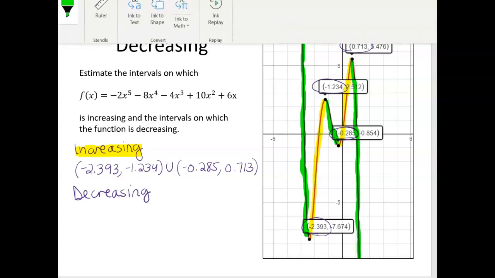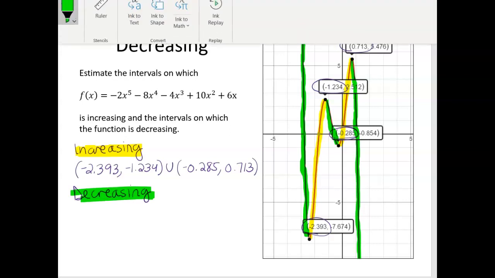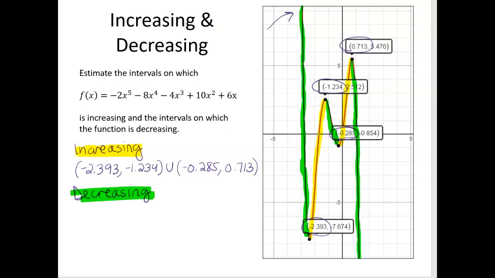And if you want to correlate your notes together here, you can highlight that, right? So this is our green section. And we are going to represent each of these three intervals using the x values, okay? Now we're starting at negative infinity, and then we're going to go to this x value here, -2.393, union.